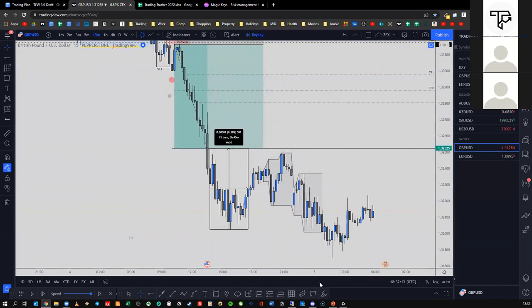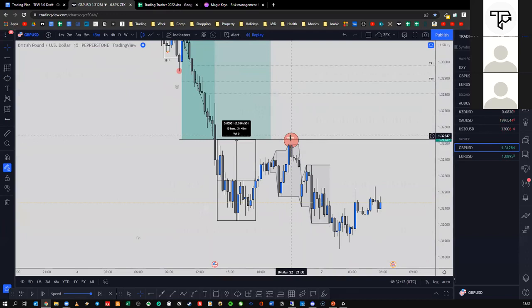We both got stopped out here. I know price never hit that. I looked at MT4, it never actually got to that price, but obviously due to spread, it's taken us out there, unfortunately.